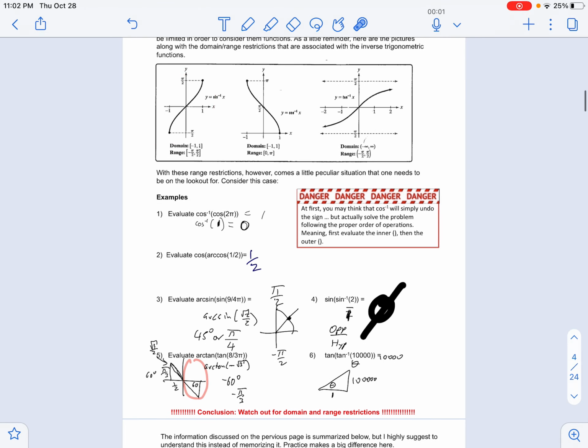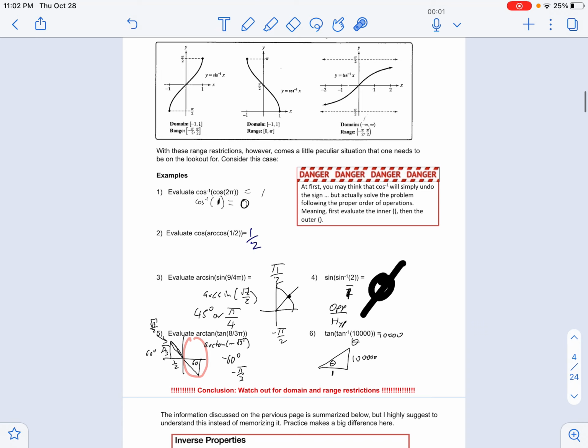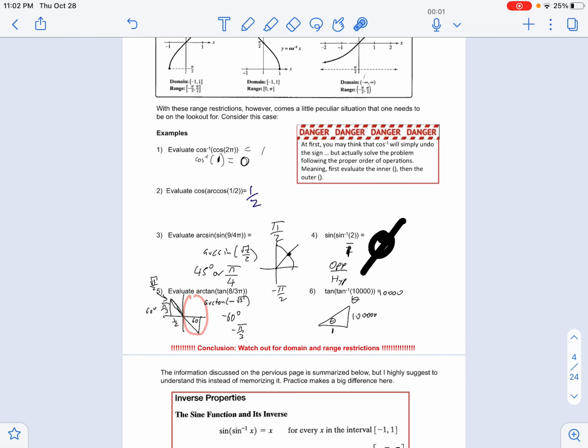There is no 2 as an input. That's not possible. Sine can never produce a 2. Therefore, arc sine can never take a 2 in. So your answer here is negative pi over 2, so negative 90 degrees. And right here they actually do cancel each other out.